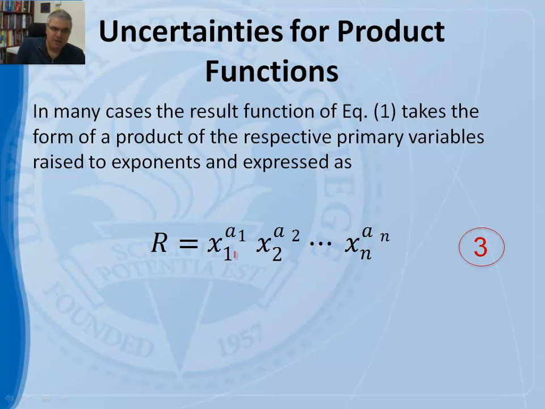x sub 1 in this case to the power a sub 1 multiplied by x sub 2 to the power a sub 2, and so on. And if we have n independent variables for a product function, all these variables are multiplied. A sub n could be 1, it could be 20, it could be really anything. But don't be scared of seeing this equation.